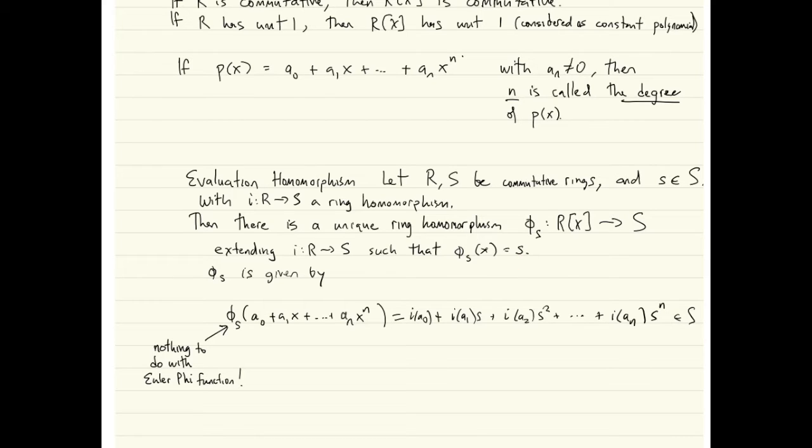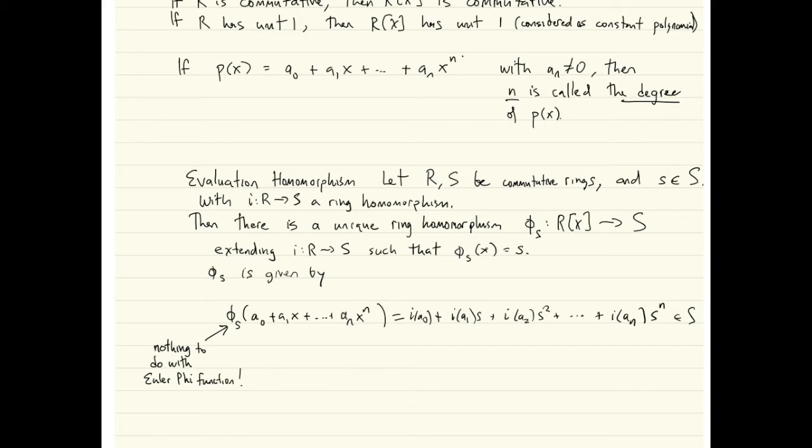This is a mouthful, but it's actually quite simple. All it's saying is, if you give me a polynomial, so an element of R adjoin X, all I'm going to do is wherever there's an X, substitute it with s. So here I have X, so that becomes s. X to the n becomes s to the n, and so on.